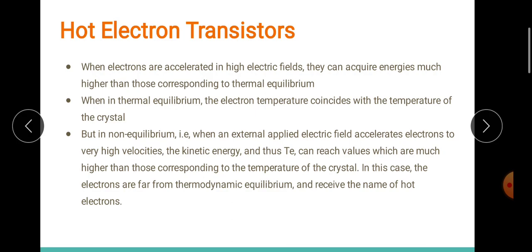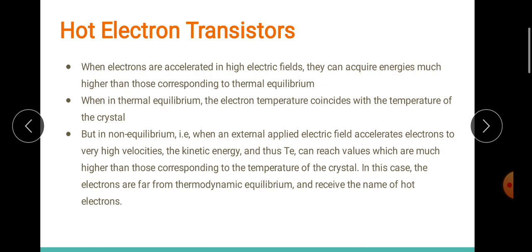Normally in thermal equilibrium, the electron temperature, say TE, basically coincides with the temperature of the crystal. But a non-equilibrium condition occurs when there is an external applied field.